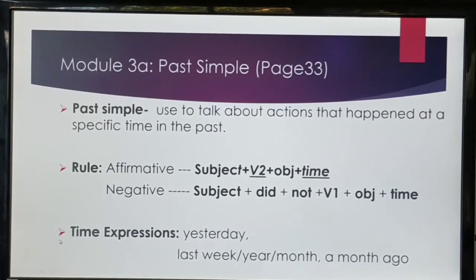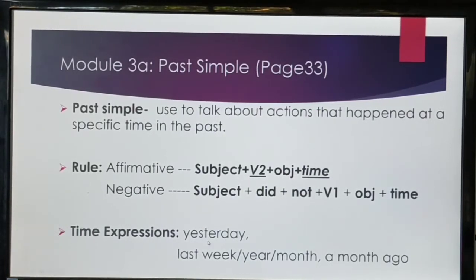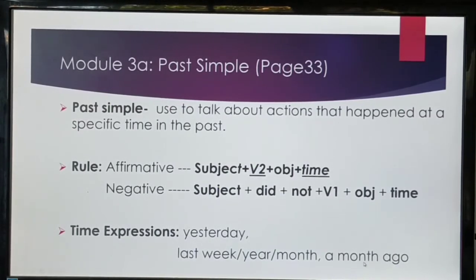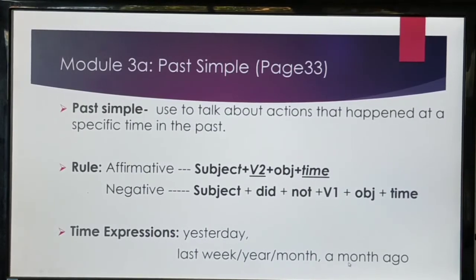For the time expressions, we use yesterday, last week, last year, last month, or a month ago. A month ago and last month are just the same. So you can use a year ago, a week ago, it's just the same.